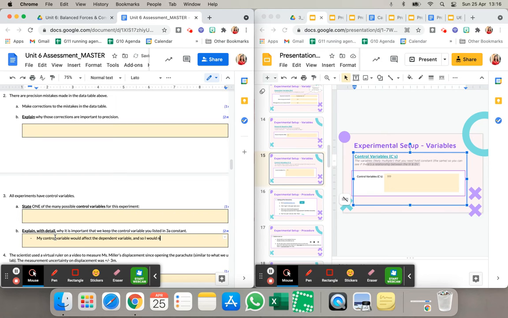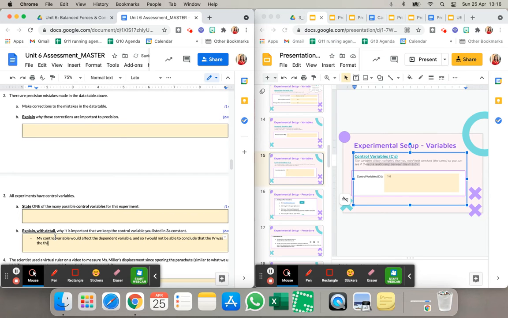And so I would not be able to conclude that the IV was the thing causing the effect I saw. So some sort of general explanation of what a control variable is and the importance of controlling it in terms of dependent and independent variables.